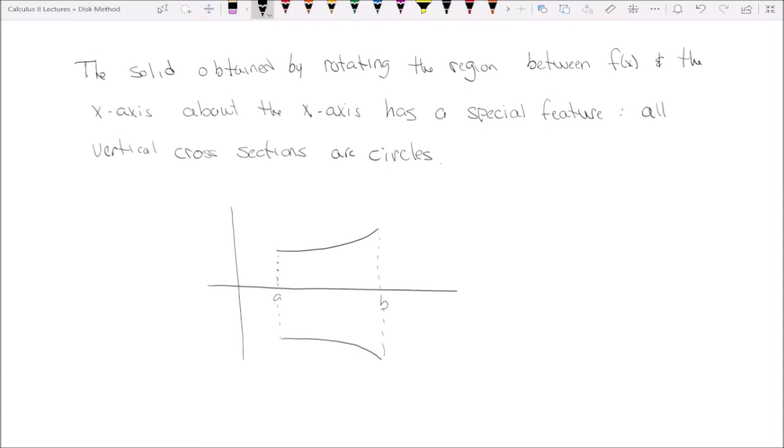It's going to look something like this. And we can have a cross section, let's say, right here. So we'll take this as our cross section at some point x.